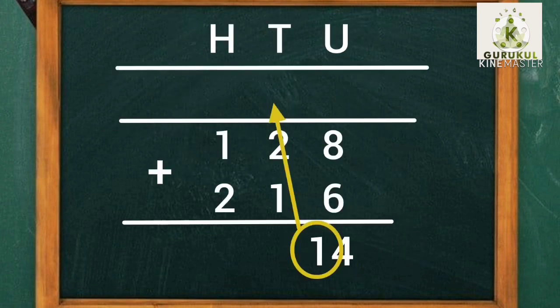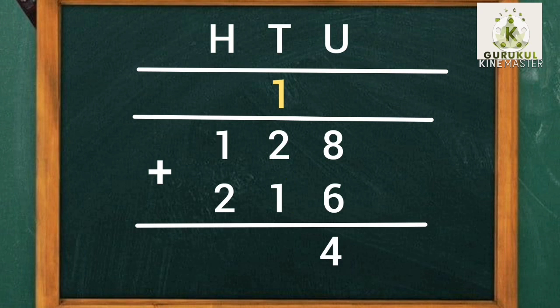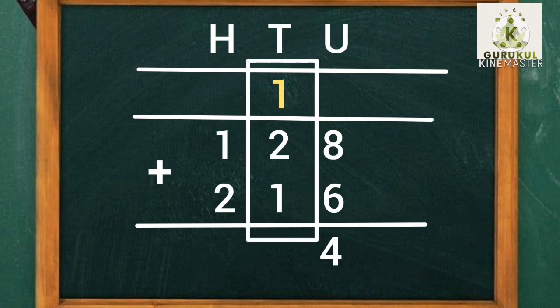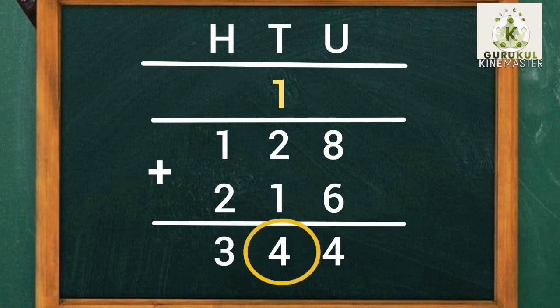Yes, we write it in the tens column. So look at the addition now. 4 units is left in the units place. In the tens place, we add this new 10 to the 2 tens and 1 ten already over there. So 1 plus 2 plus 1, we get 4 over here in the tens column. And in the hundreds place, the digits add up to 3. So we write 3 in the hundreds column.